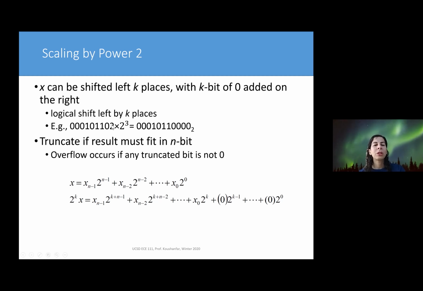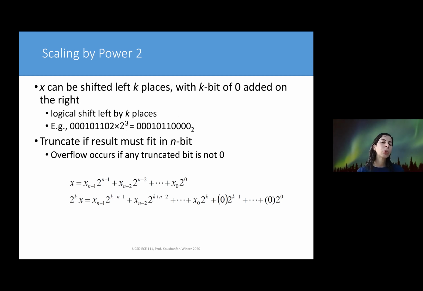So the value here is 0, 1, 1, 0, 0, 1, 0, 0, 0, and this is in base 2. If we are shifting this by k places, we are putting that number here. So we are shifting by 3 places, and that means this is this number multiplied by 2 to the power 3.